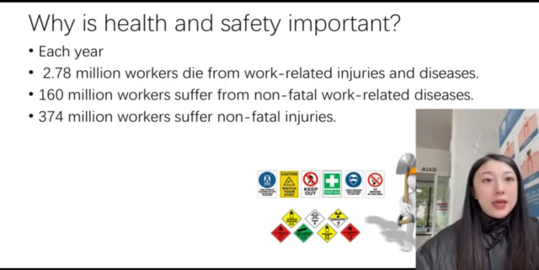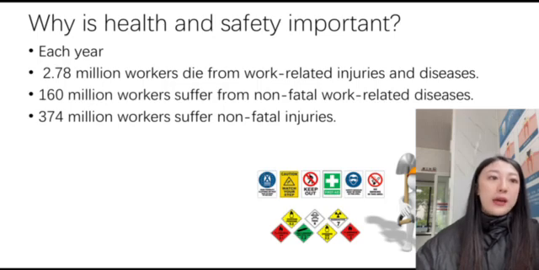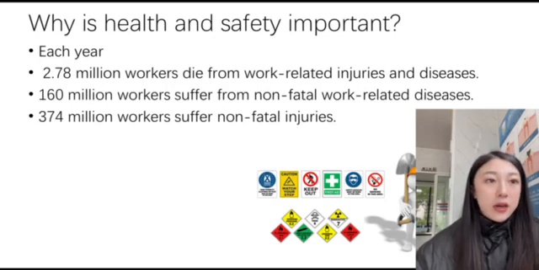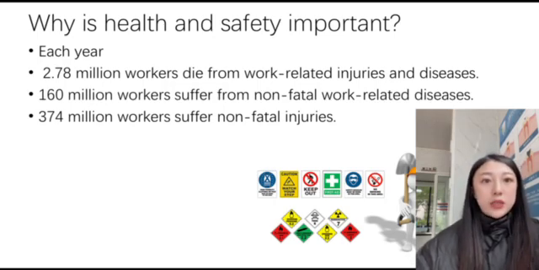Why is health and safety important? Failure to protect the health and safety of workers and employees can result in human and economic loss. The economic cost of non-compliance with occupational health and safety is more than $3 trillion, or about 3.94% of total global GDP.